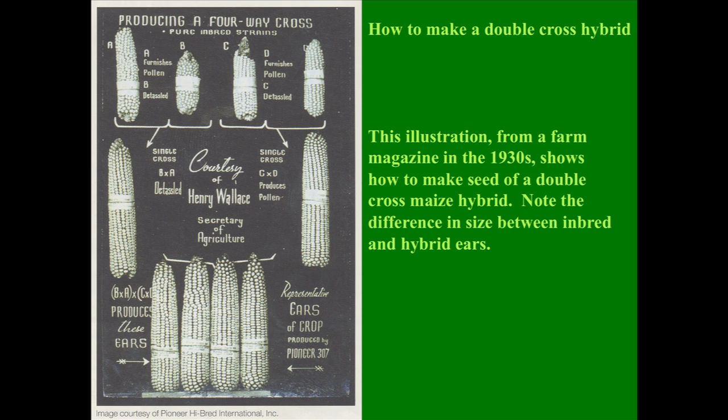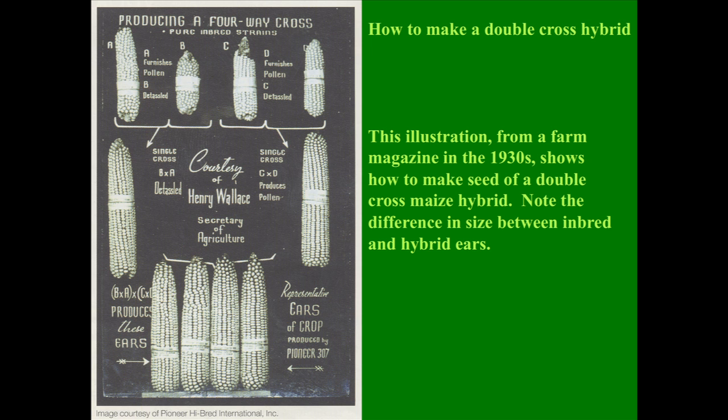Then along comes Henry Wallace in the 1930s. What Henry Wallace discovered is he could make line A by line B and make the giant ear shown in this picture off to the left. And he could make a separate two lines, we'll call them C and D, and again make a giant ear.